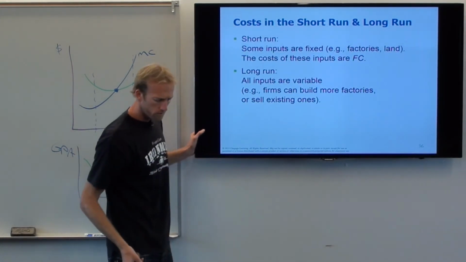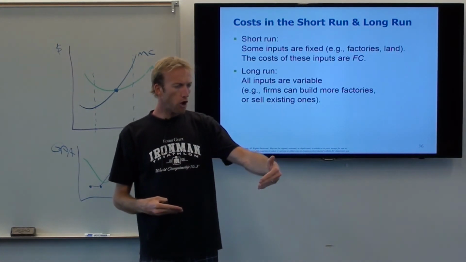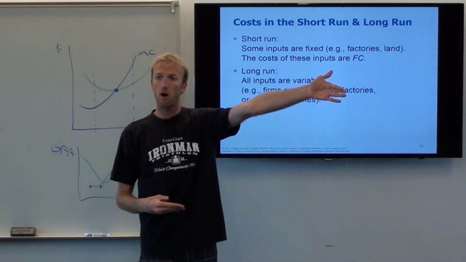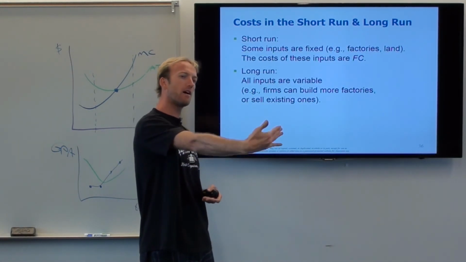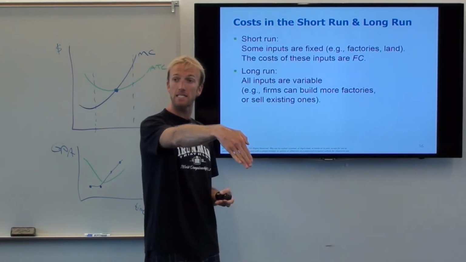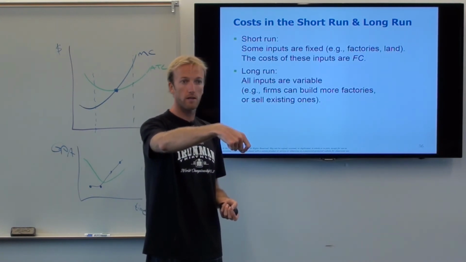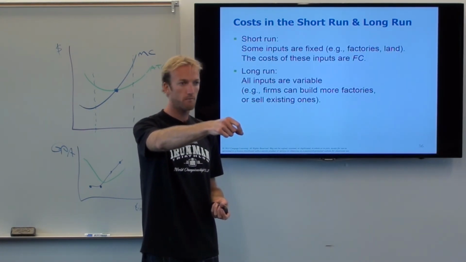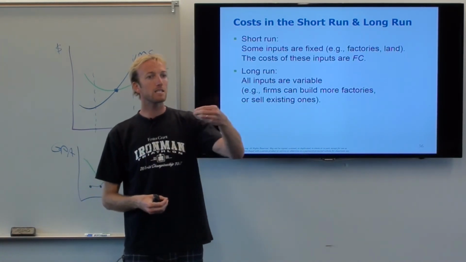So if I were to ask you, today is today, how long till the short run turns into the long run, right? That's a really good question. Just how far out is the dividing line between short run and long run? Well, it's the amount of time it takes to take all of your fixed costs and sell them or buy more and change them into variable costs, right? So let's say I have my taco shop and my lease is for a year.